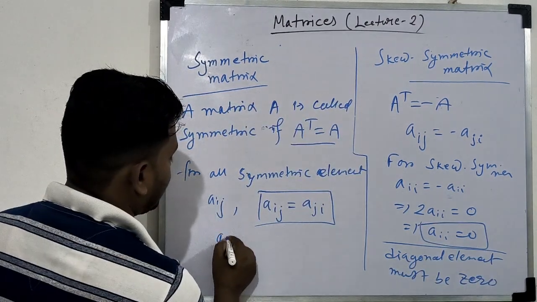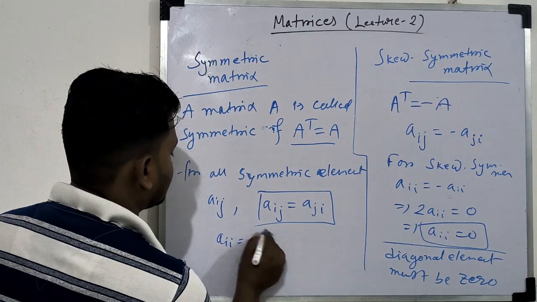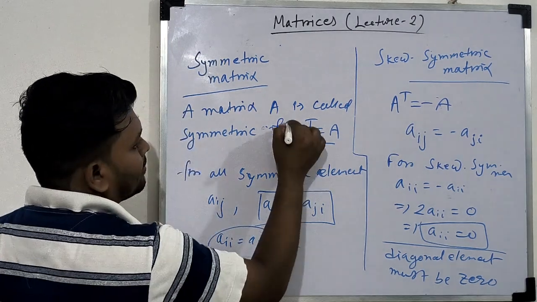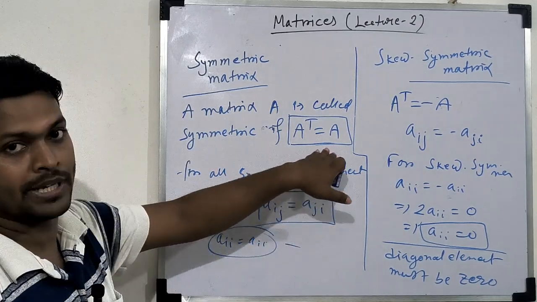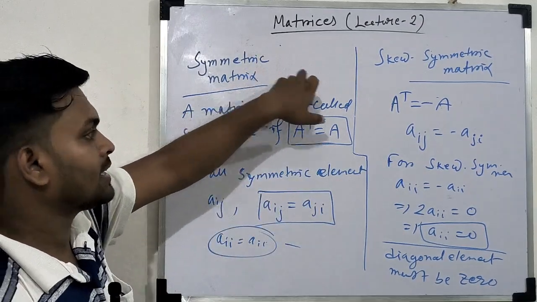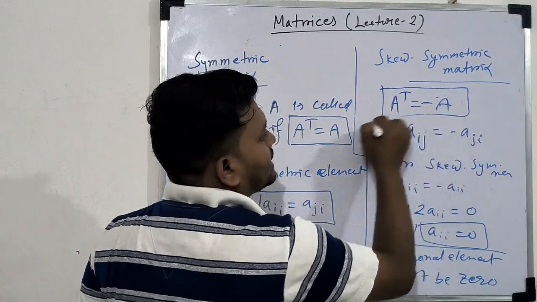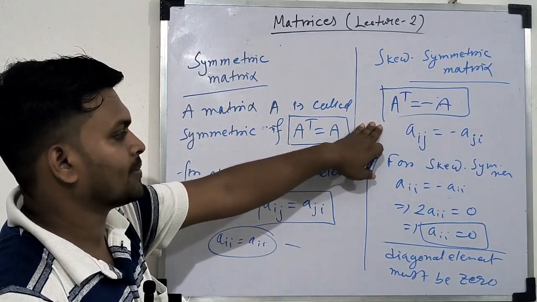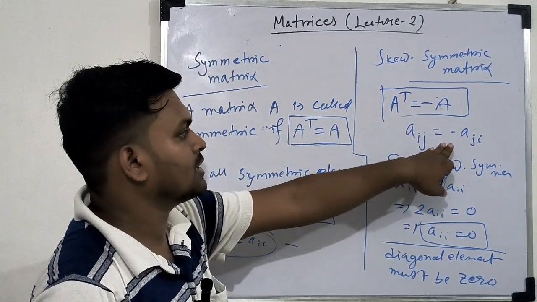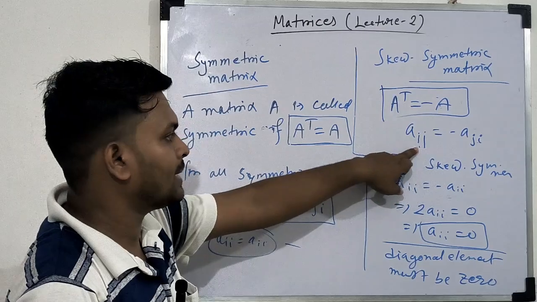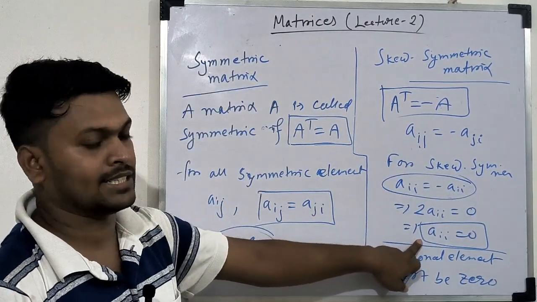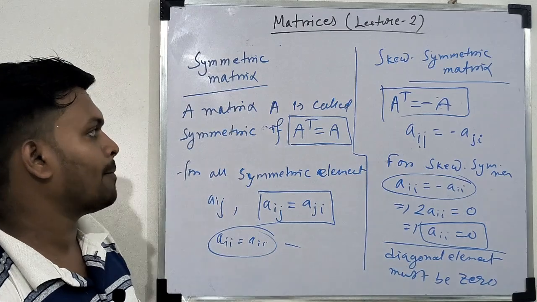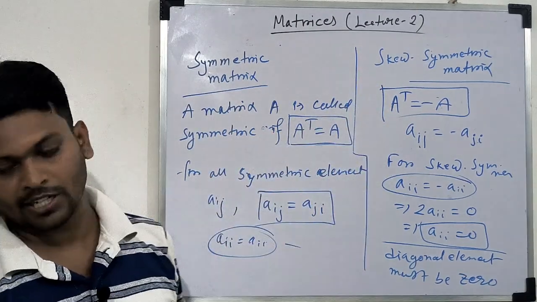Whenever A transpose equals A, the matrix is called symmetric, and whenever A transpose equals minus A, it is a skew symmetric matrix. In the case of a skew symmetric matrix, this is satisfied for the diagonal elements, and from this we get Aii equal to 0. That's why diagonal elements must be 0 for a skew symmetric matrix.